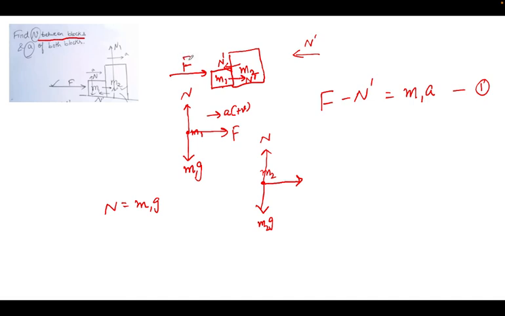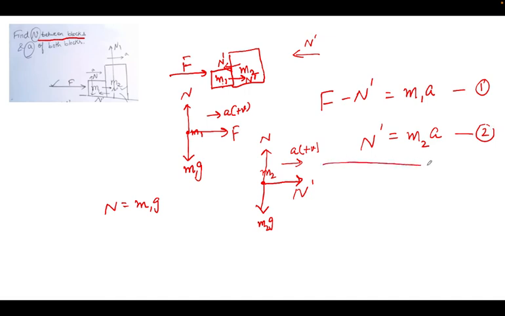The force is applied on m1 and m1 generates a normal reaction n dash. That's why m2 is also moving forward. So n dash is again on the positive side. It is accelerating, which means it has positive acceleration.